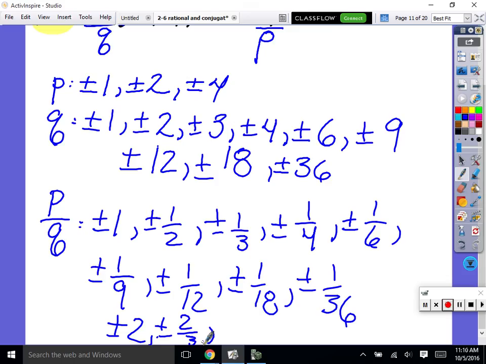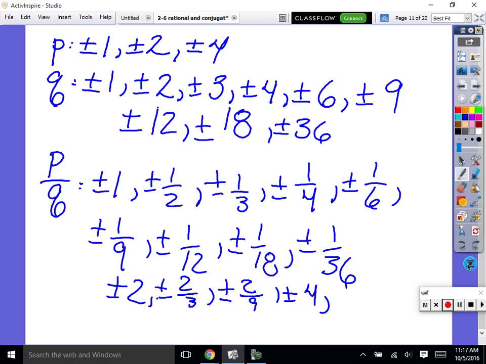Don't we already have that listed? 2/6 is 1/3, we're good. 2/9, we have to list that. 2/12 is 1/6. 2/18 is 1/9, right? 2 over 36 is 1/18. We've already listed that. Now we'll do 4 over 1, plus or minus 4.